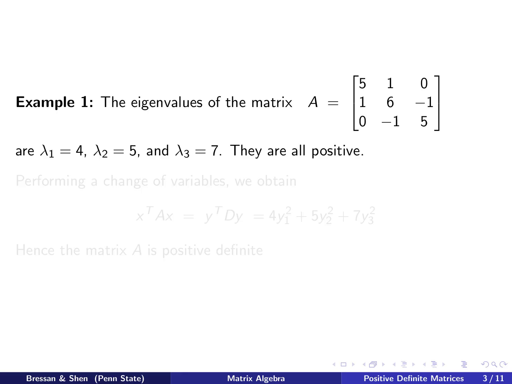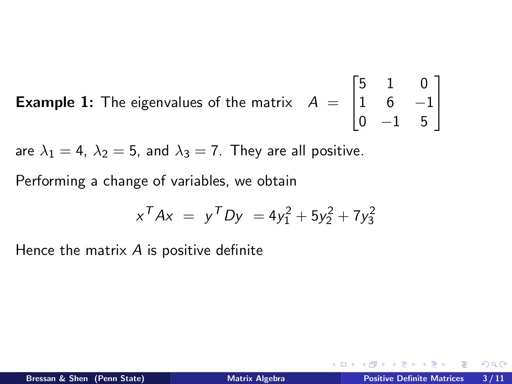Now let's take a look at an example. Let's consider a matrix A. It's a 3 by 3 matrix. We can do the calculation and find the 3 eigenvalues, lambda 1, lambda 2, and lambda 3, and they are 4, 5, and 7. What's important here is they are all positive. That means we can perform a change of variable.